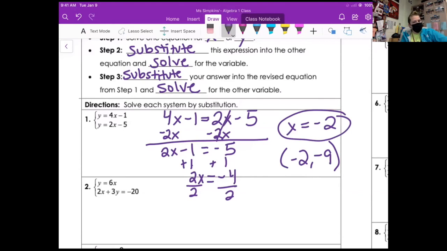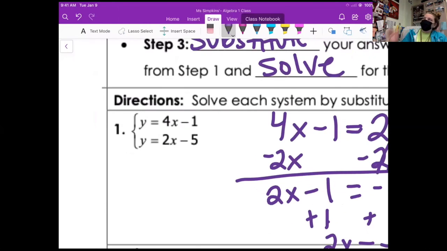You substitute the x's for -2. Okay, so we could substitute the x for -2. Which x? Both of them. We could use both. We only need to use one. So pick one.